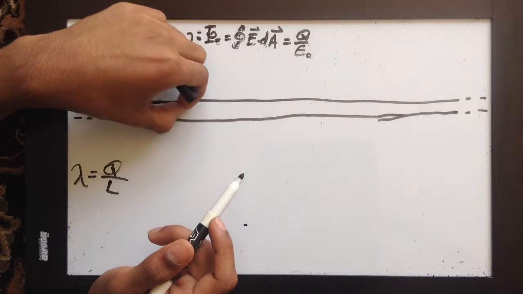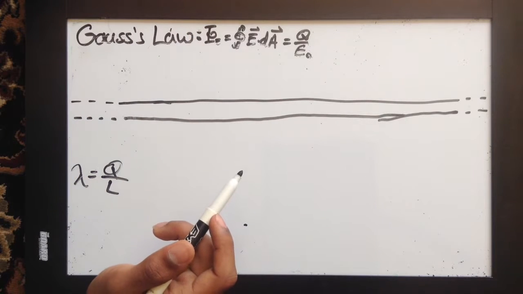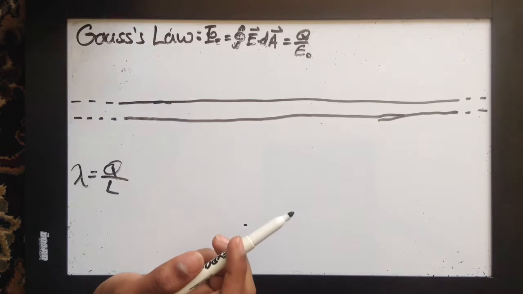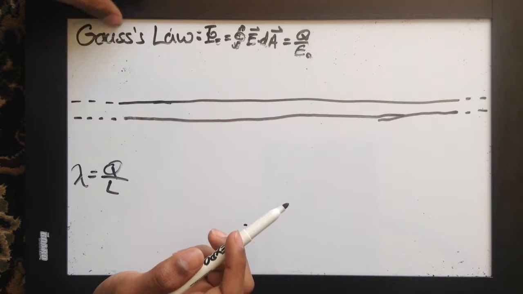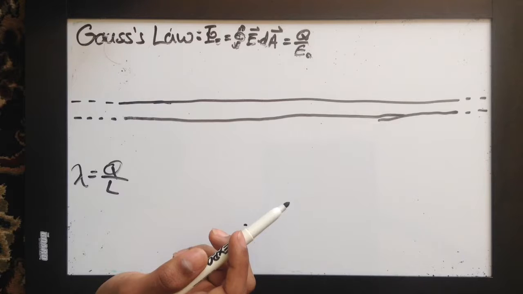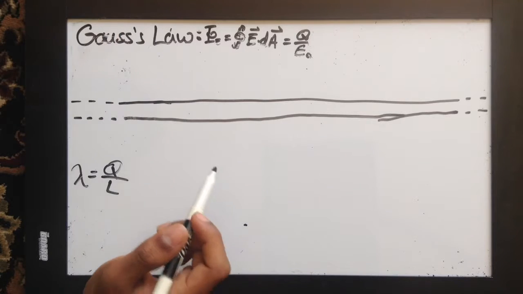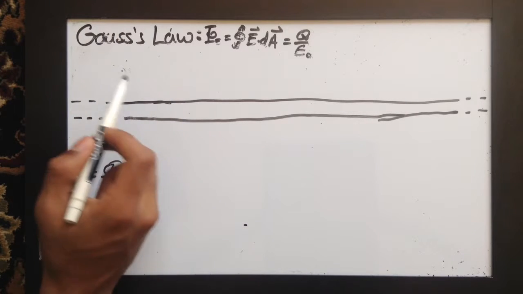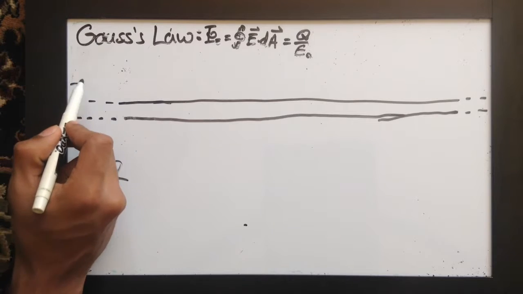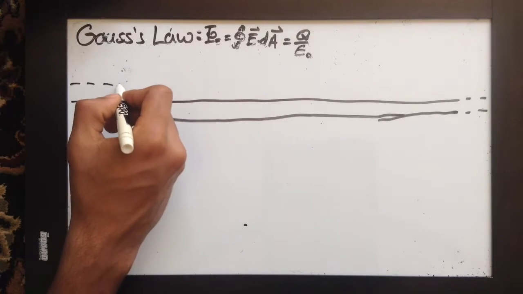So now, in order to find the E field, we have to add our Gaussian surface to the problem. So what we can do is make a cylinder, our Gaussian surface. So it would be another thing like this.